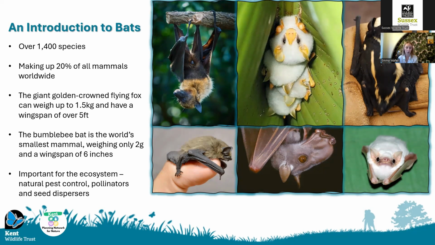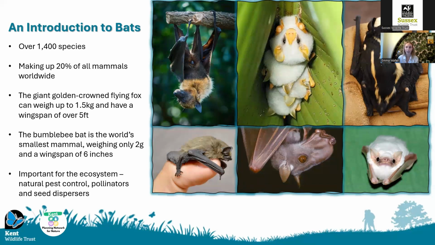We have the larger fruit-eating megabats and the smaller, often insectivorous microbats, which include all the bat species found here in the UK. As these suborders suggest, bats vary in size. For example, certain species of fruit bat can have a 5-foot wingspan and weigh over 1.5 kilograms, whilst others, such as the bumblebee bat, are about 1.5 inches and weigh no more than 2 grams.